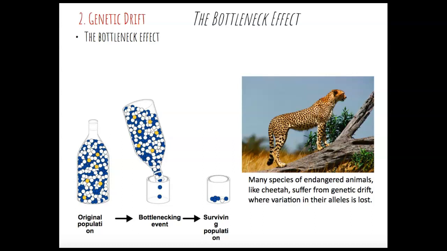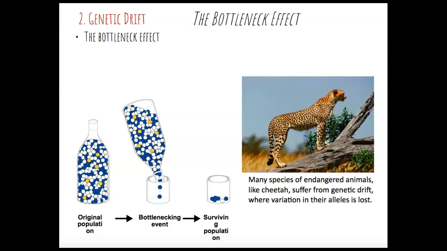And then the smaller population that survives is not going to have the same amount of genetic diversity that original large population had. So we start with a larger population with quite a bit of genetic diversity, and because of a chance event that wipes out part of that larger population, only a small number of individuals survive.